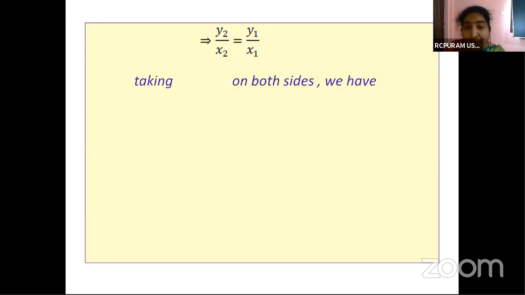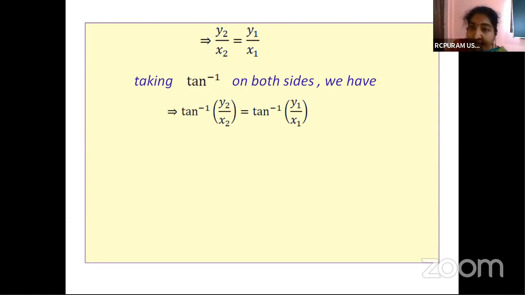Right? Now, I will take tan inverse on both sides. When we do that, we will get tan inverse y2 by x2 is equal to tan inverse y1 by x1. What is tan inverse of y by x? It is nothing but theta, isn't it? That is nothing but your argument.